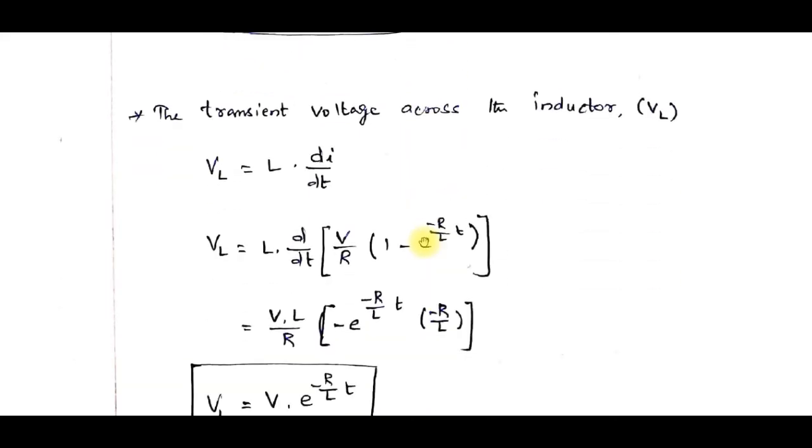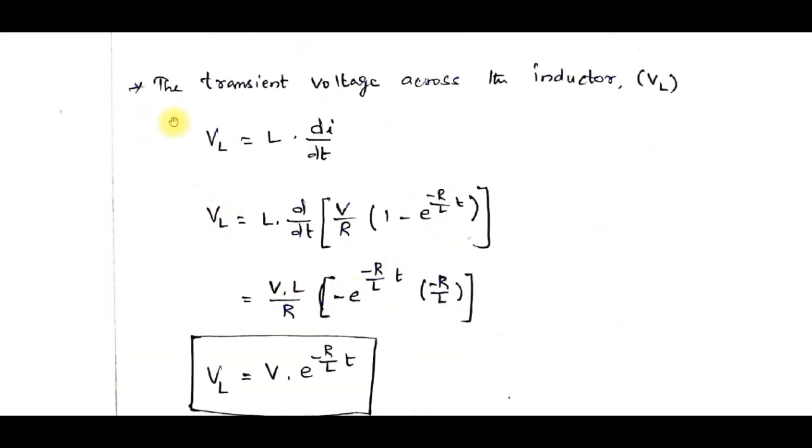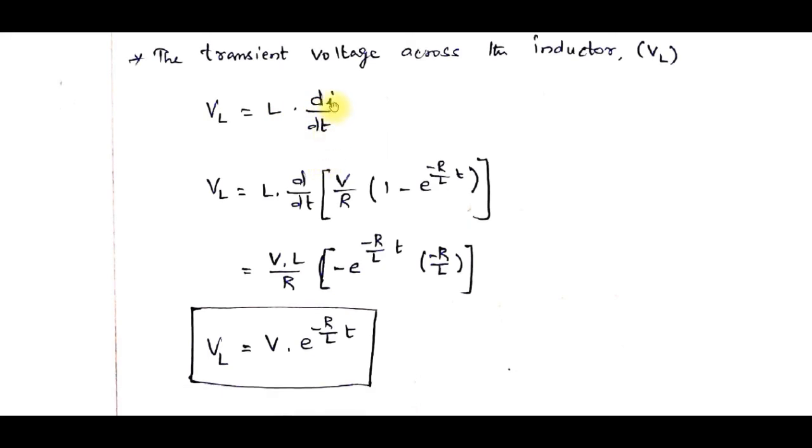Then the transient voltage across the inductor will be VL equal to L into di by dt. So substitute I of t here: L into d by dt of V by R into 1 minus e power minus R by L into t. V by R is constant, so take it out. Differentiate this equation. Differentiation of 1 will be 0.